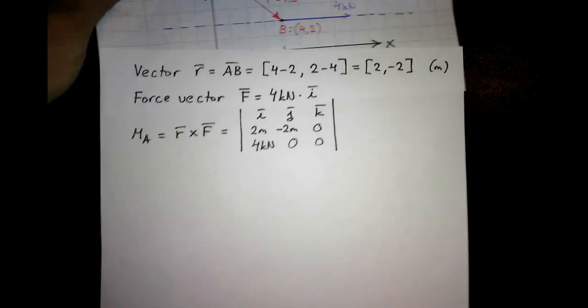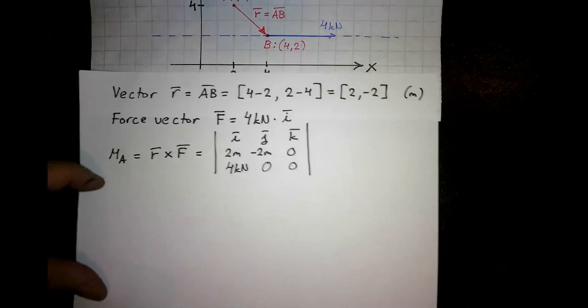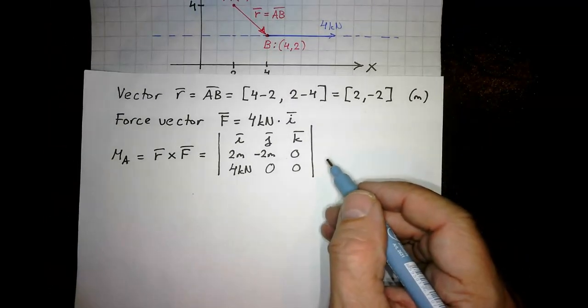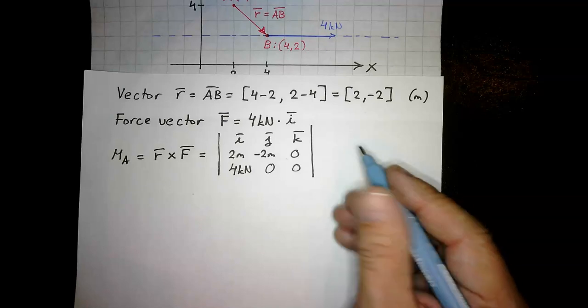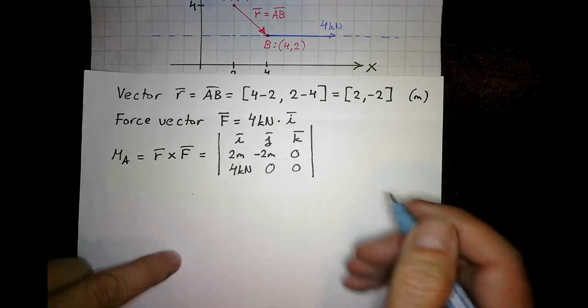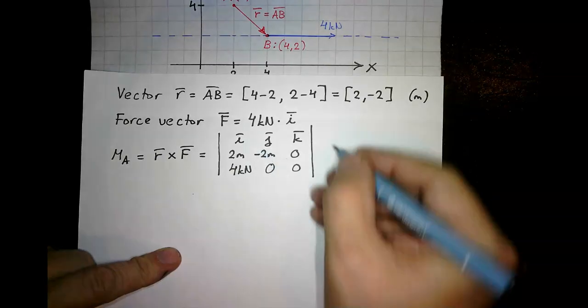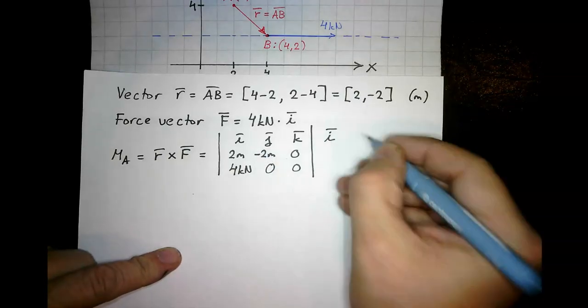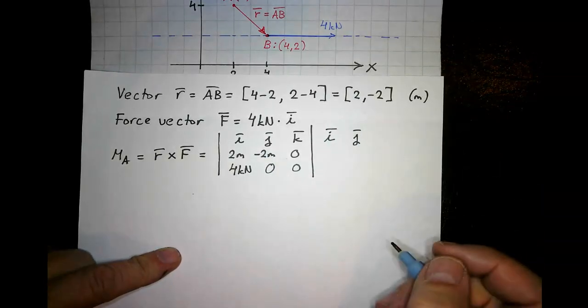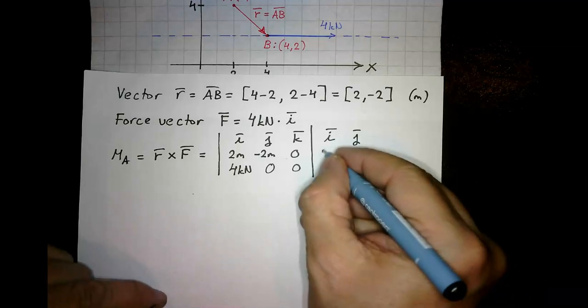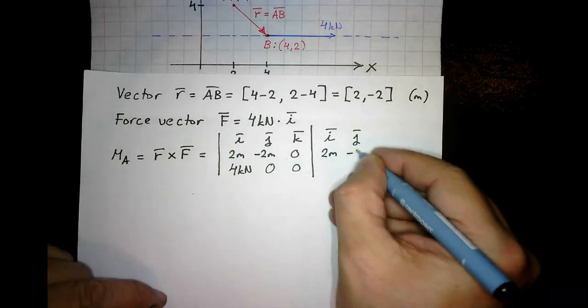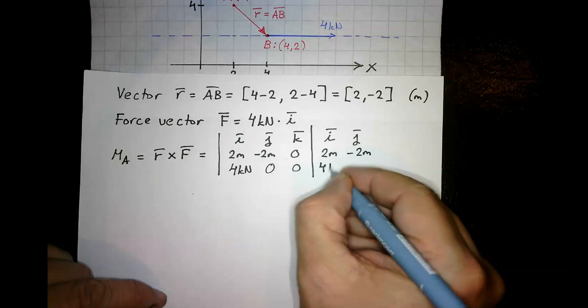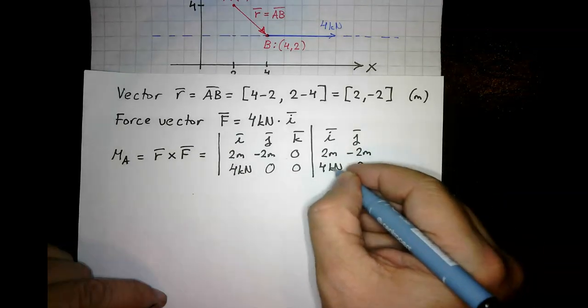So this is a determinant to calculate the moment vector R cross F. Okay, I will again copy the first two columns. 2 meters, minus 2 meters, 4 kilonewtons, 0.